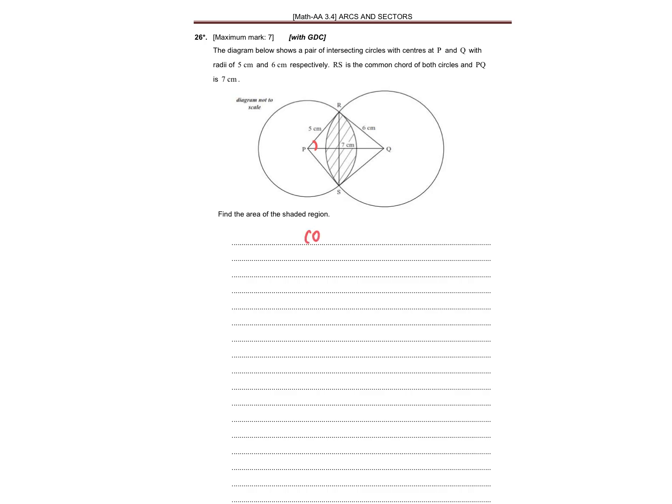So we're going to have cosine C equals 5 squared plus 7 squared minus 6 squared over 2 times 5 times 7. So C ends up being 57.1. So we need to multiply that by 2, which is 114.243.